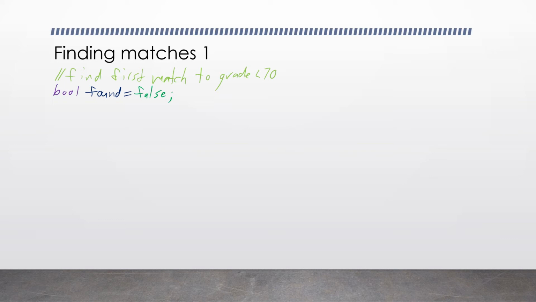Okay, I'm going to create an int to track my position in the list, position. I'm going to set it to the initial value 0 because we're going to start at the very first part of the list.